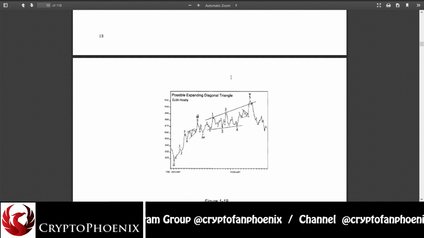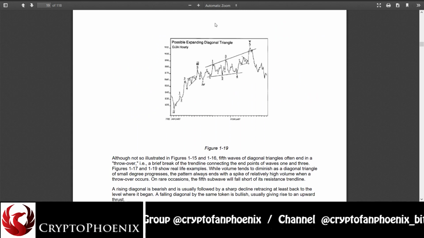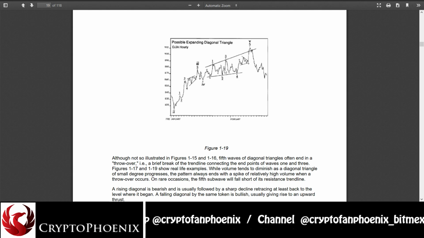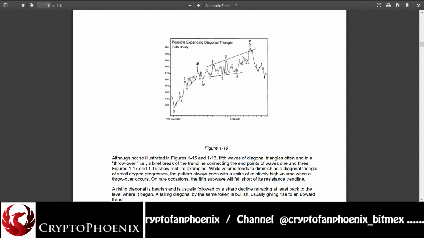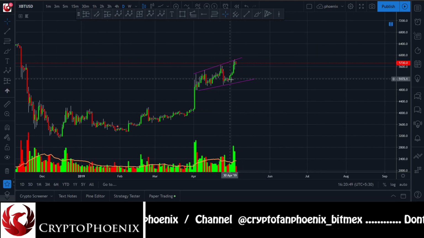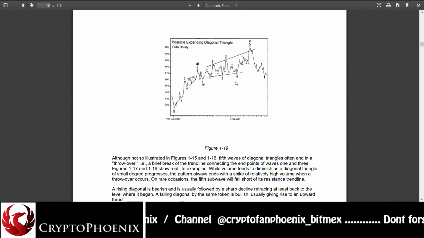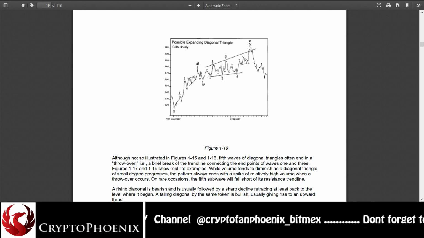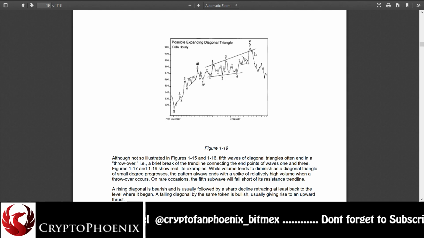I posted this sort of pattern in my Telegram group, and I gave a long call when XBT was at 5300 because I was expecting a final move up from XBT, and a further retracement is expected right now.